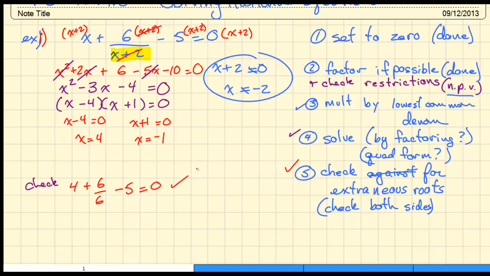Works. When I check with negative 1, I get negative 1 plus 6 over negative 1 plus 2, that's 6 over 1, minus 5 equals 0. 6 over 1 is 6. Negative 1 plus 6 is 5. 5 minus 5 is 0. That also works. So my solutions are x equals 4 and x equals negative 1.